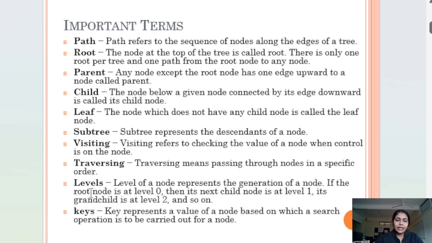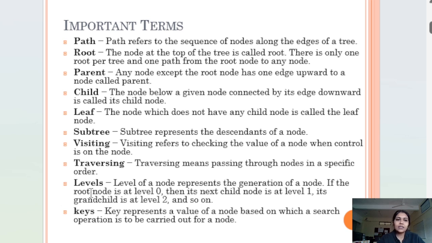In a tree, some important terms are there: path, root, parent, child, leaf and subtree. There are also visiting nodes, traversing, and levels.